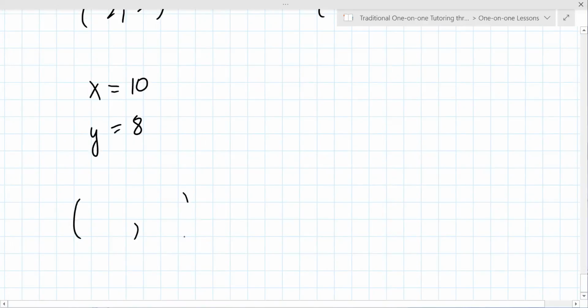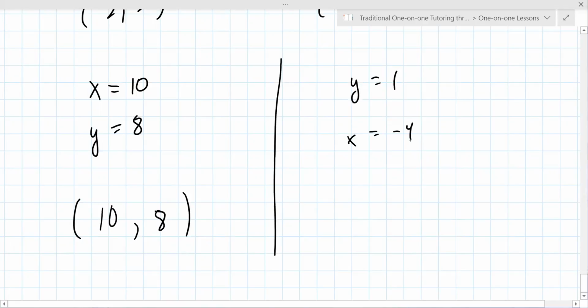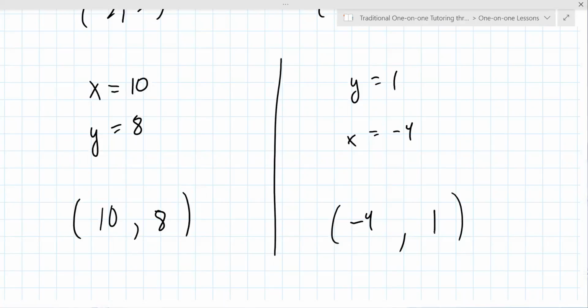What is the ordered pair here? 10, 8. Now, if I tell you that Y is 1 and X is -4, which comes first? -4, 1. Good. I think I had in my own mind some rule that didn't exist, messing me up, about Y and X being switched. X always comes before Y in ordered pairs.